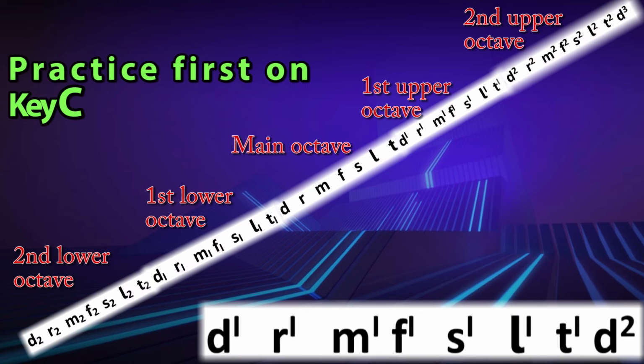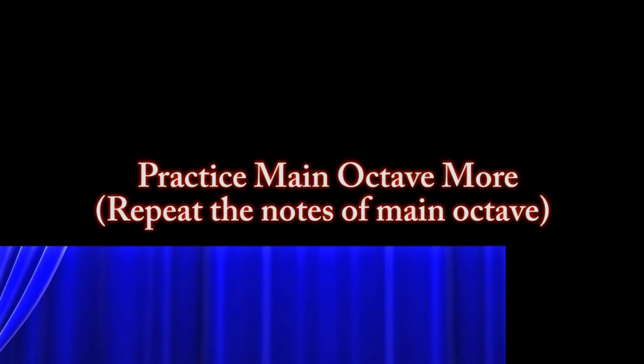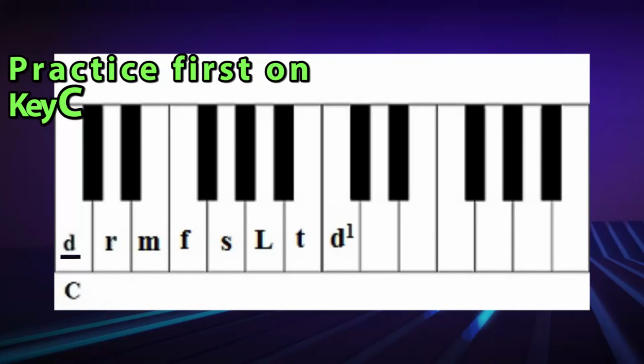Listen to the first upper scale. Second upper scale. Do, re, mi, fa, sol, la, ti, do.